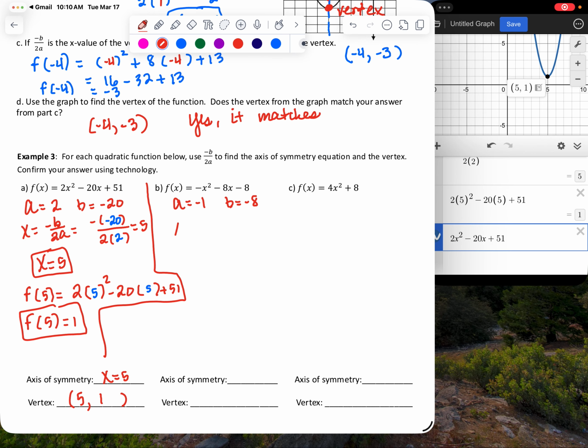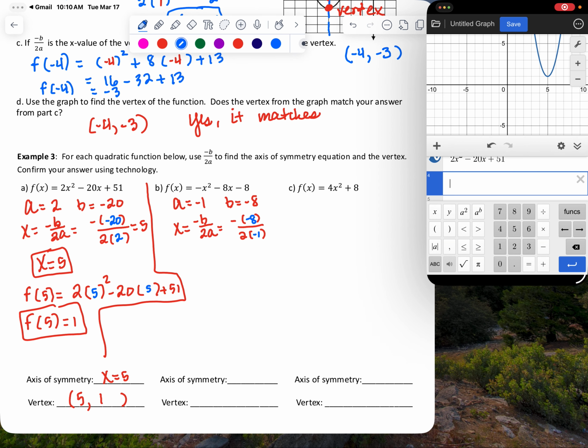So if my formula to find the axis is x equals opposite b divided by 2 times a, I would take the opposite parenthesis over 2 parentheses, and let's plug in our values. So b was -8 and a was -1.